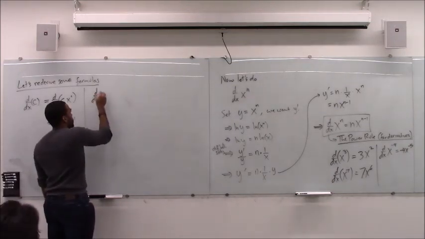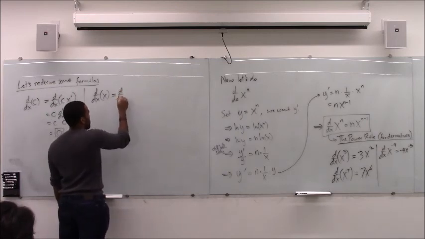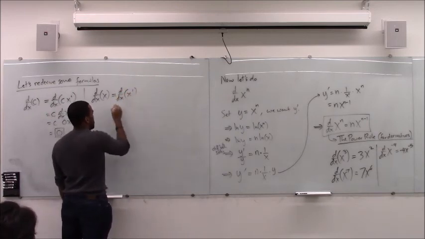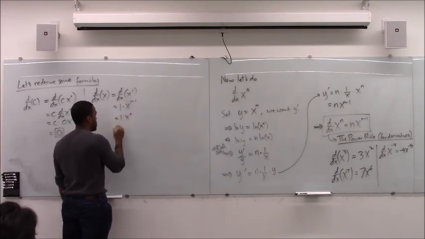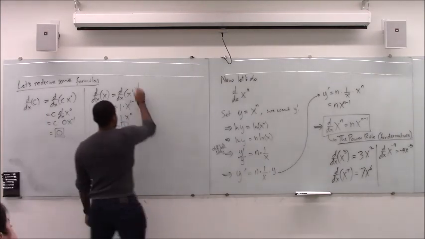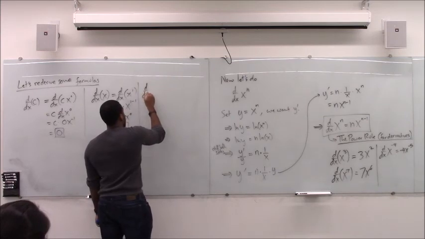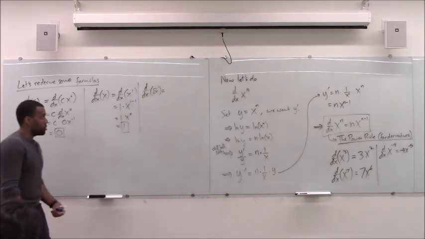We know that the derivative of x is 1. Why is that? Well, that's the derivative of x to the 1 power. Bring the 1 down, subtract 1 from the power. That gives you 1 times x to the 0, which is 1. So we got that again, pretty easy. Derivative of the square root of x. We did that using the limit definition.